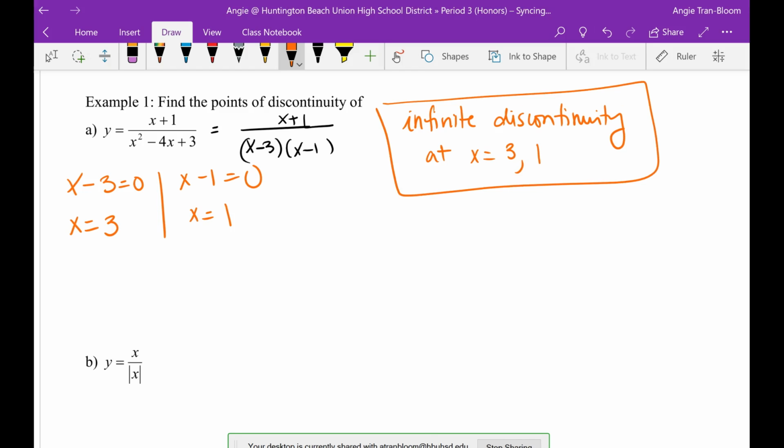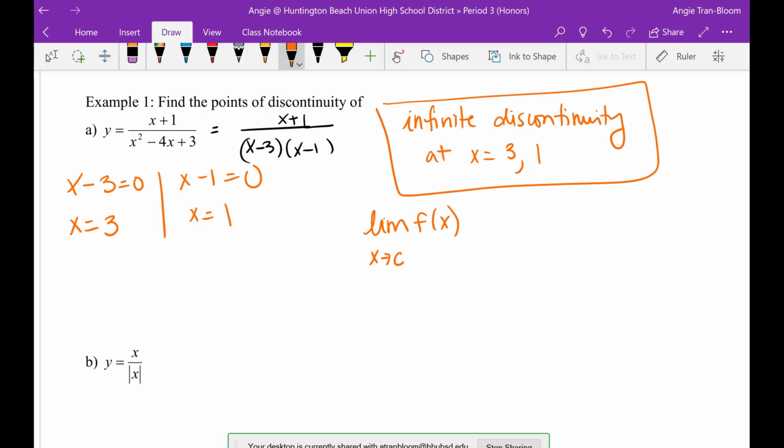Perfect. Now, by formal definition, what's the infinite discontinuity formally defined as based on your video notes? Limits. Where x goes to c from the right side is plus or minus infinity, or it's plus or minus infinity from the left side. Okay.